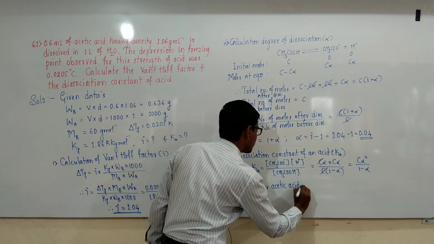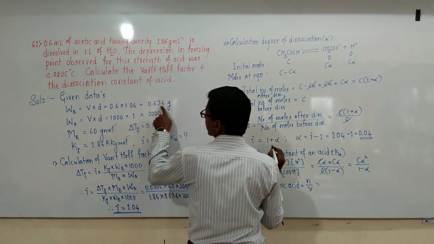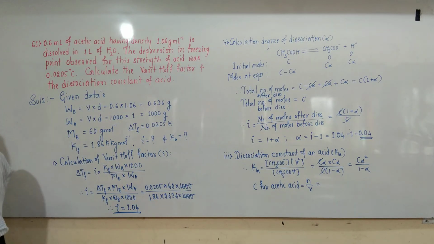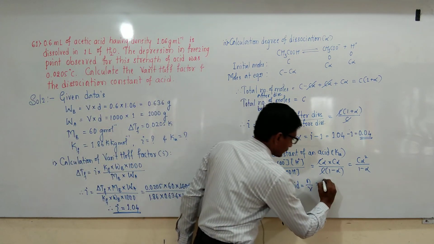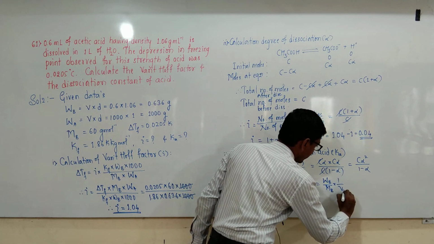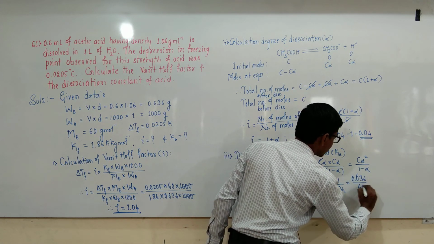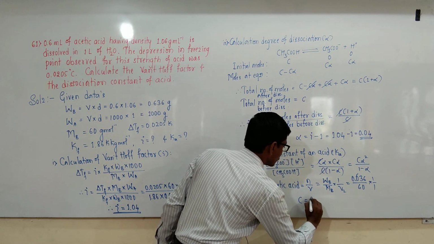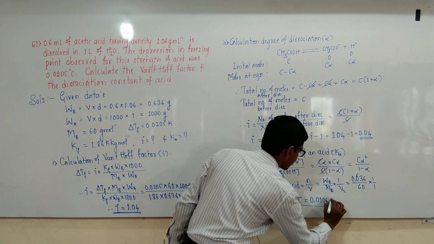Alpha is calculated, and concentration C for acetic acid is equal to n divided by V. Number of moles of acetic acid in 1 liter is Wb divided by Mb into 1 by V liter. This is equal to 0.636 divided by 60 into 1 by 1. Therefore, concentration C is equal to 0.0106.